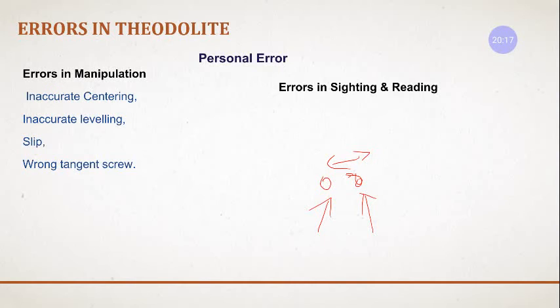These things happen while turning the foot screws or while turning the tangent screws. So all these things are when you are trying to make adjustments of the theodolite.